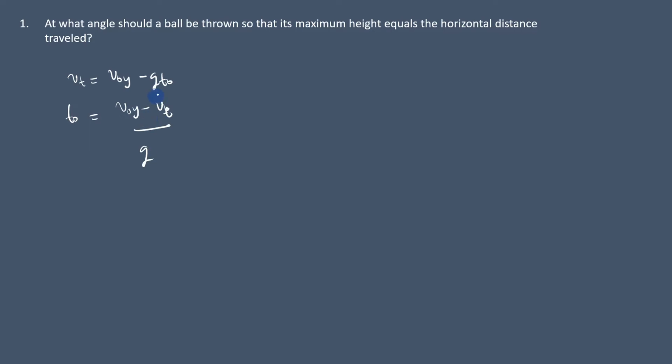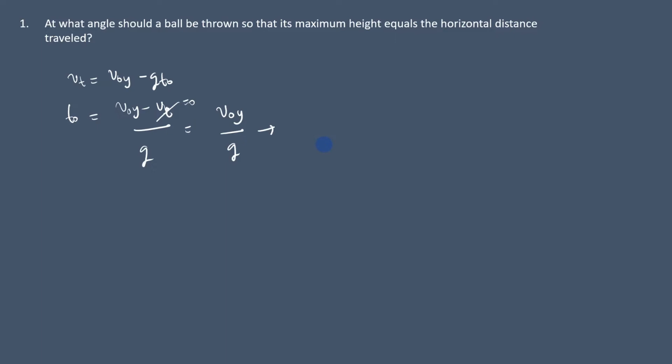We know from this problem that Vt in the vertical motion at the top is equal to 0. So we can remove this term and we get To equals Voy divided by g.